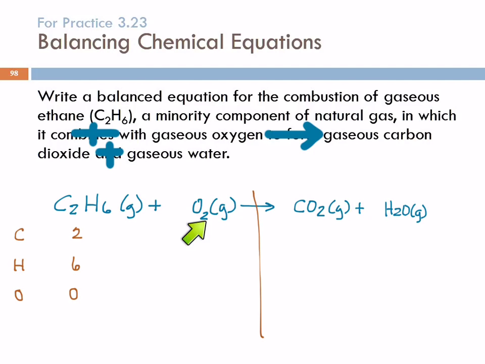So over here, O2, well, there's no carbon, there's no hydrogen, but there's 2 atoms of oxygen, because the formula is O2. CO2, we've got 1 carbon, 0 hydrogens, and 1 oxygen. Thank you. 2 oxygens.